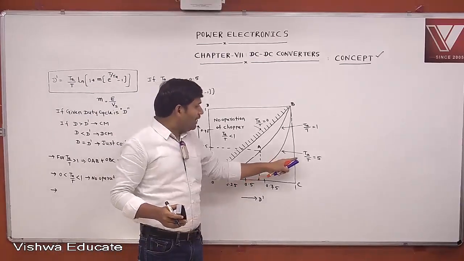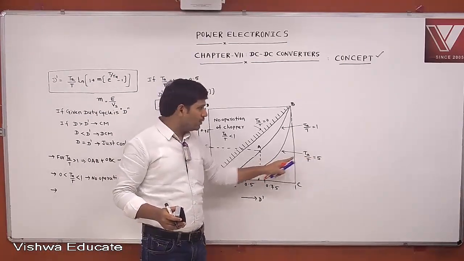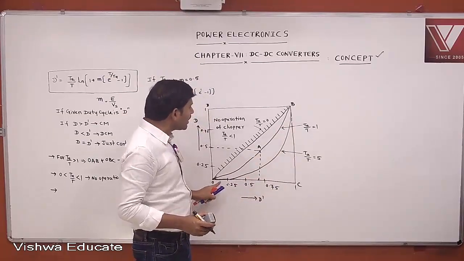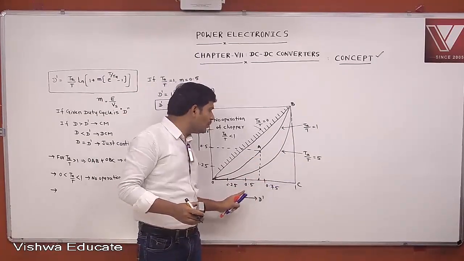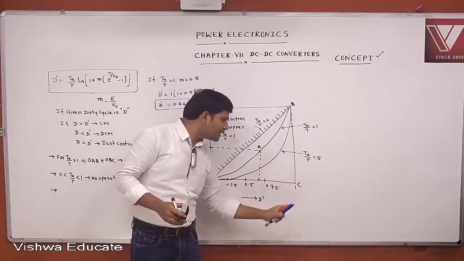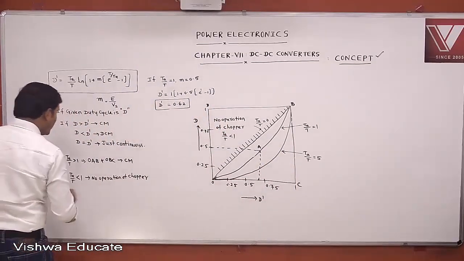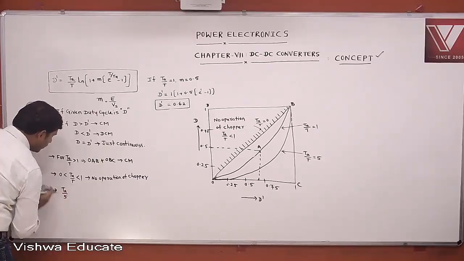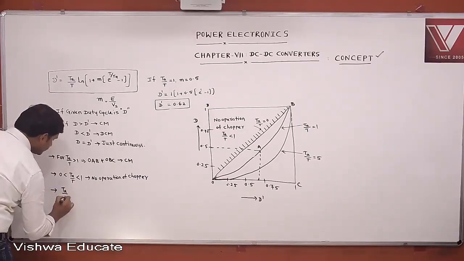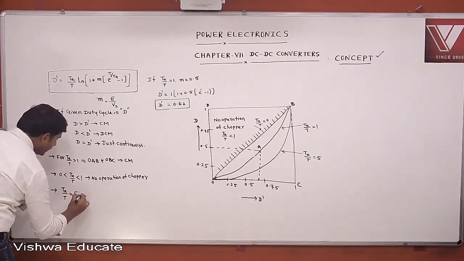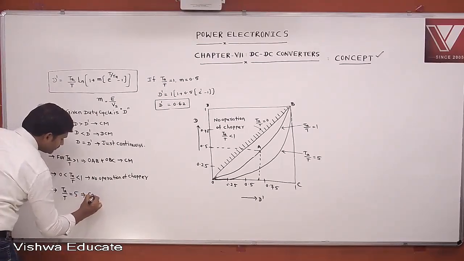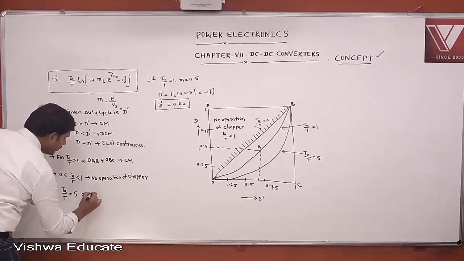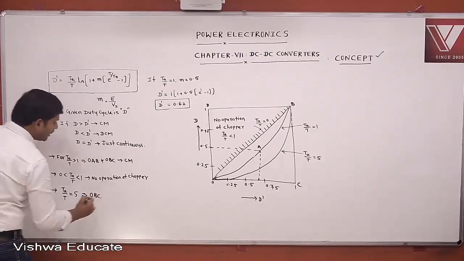For TA by T equal to 5, curve OBC represents the continuous mode. This area represents the continuous mode. For TA by T equal to 5, the OBC curve is operated in continuous mode.